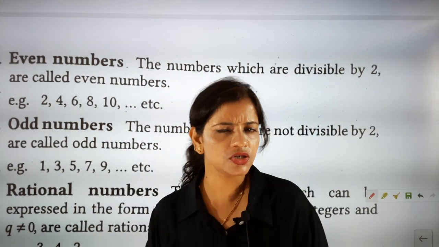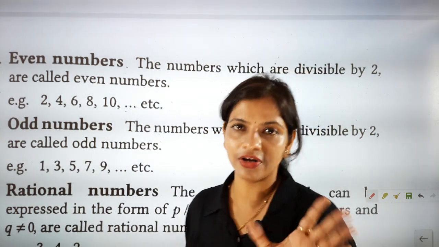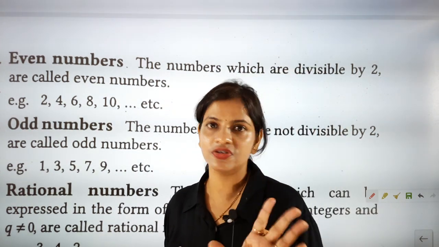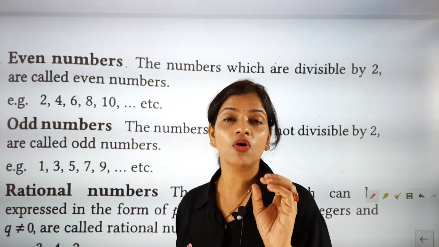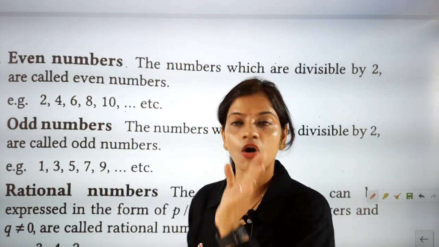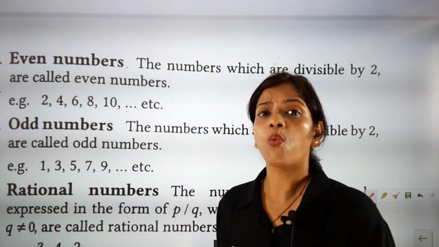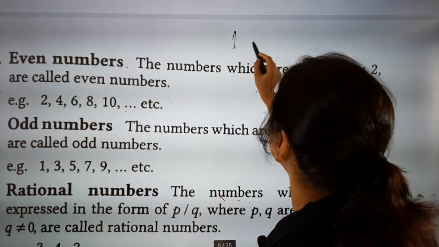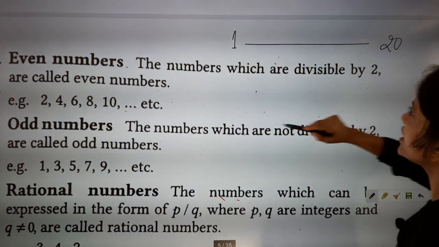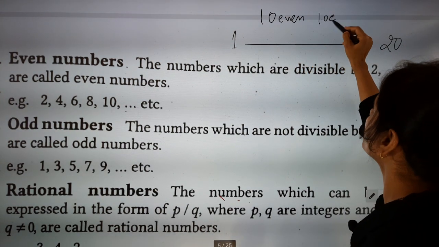Now the definition of odd numbers: the numbers which are not even are odd numbers. The numbers which are not divisible by 2 are called odd numbers. So in the number system, if we take numbers from 1 to 20, then 10 numbers will be even and 10 numbers will be odd.